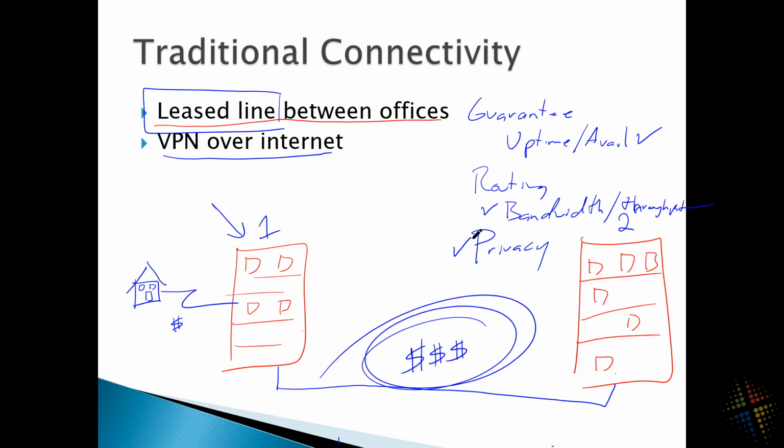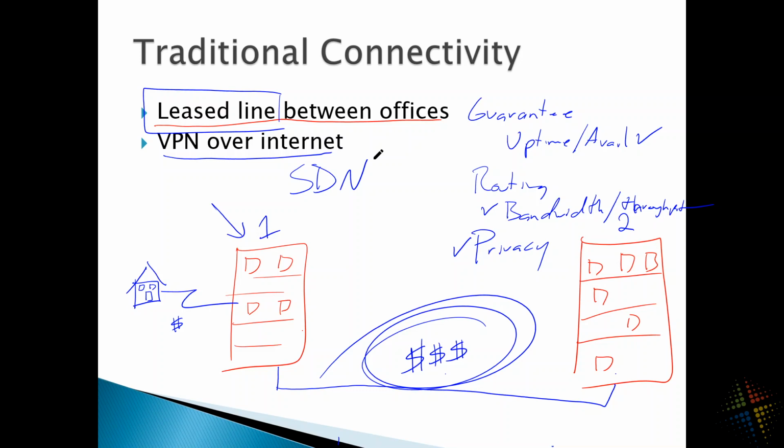And there have been some hybrids between leased lines and VPNs. This is actually where things are going nowadays. You've heard of SDN, software defined networking, where it actually uses a combination of leased and VPN connections.